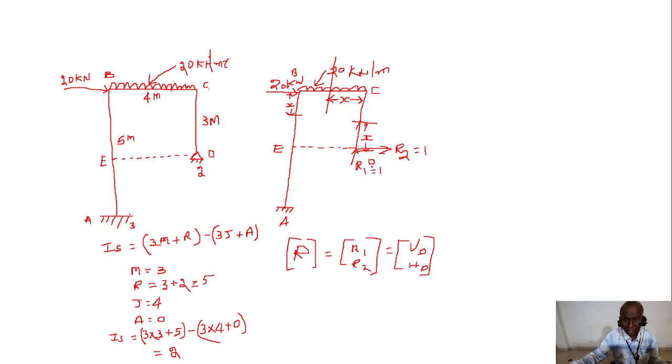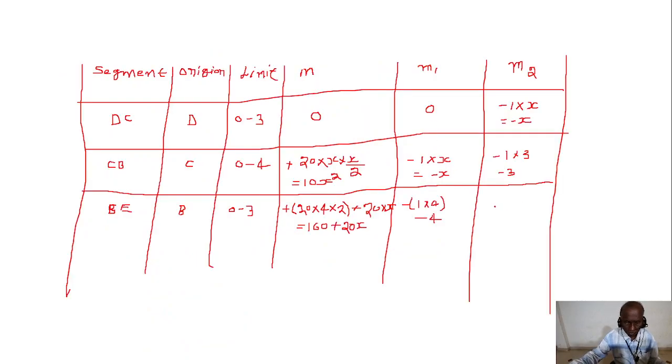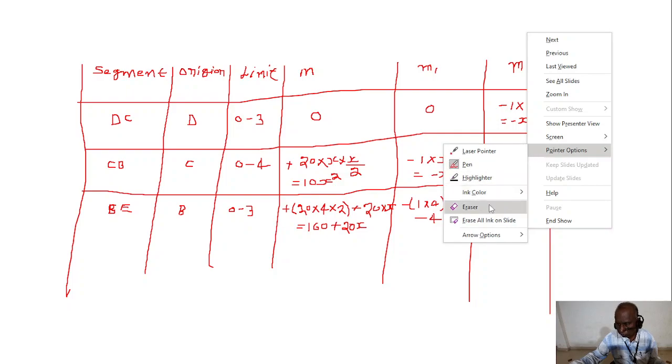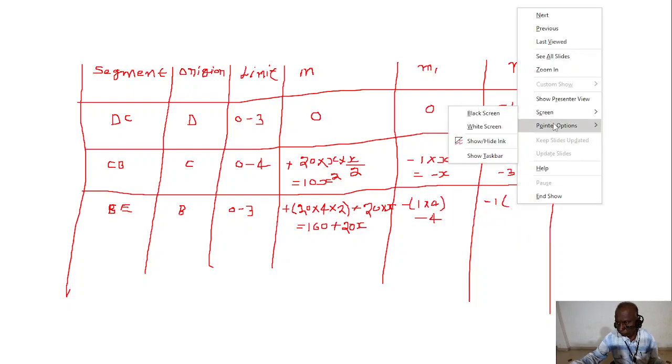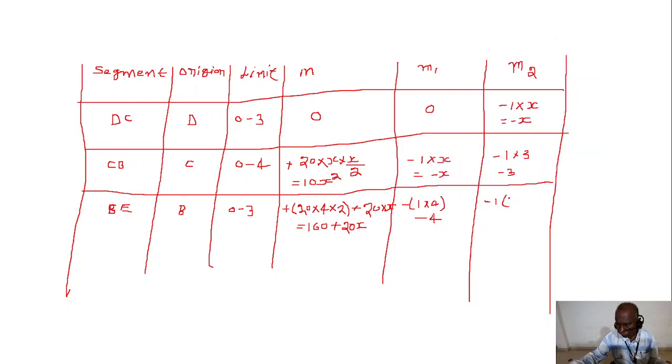So 1 into 3 minus X, this distance 3 minus X. This is also anti-clockwise direction, so minus 1 into 3 minus X. So this is X minus 3.